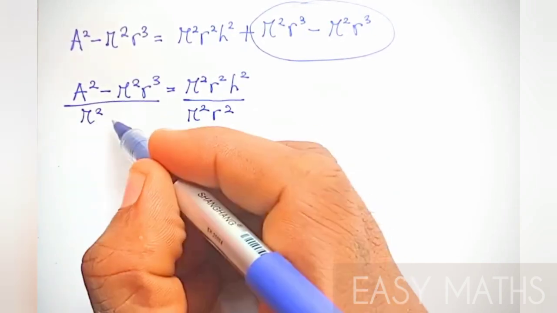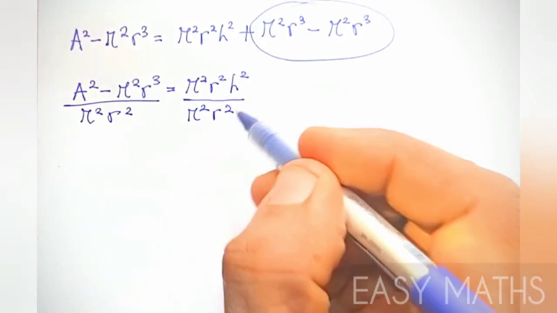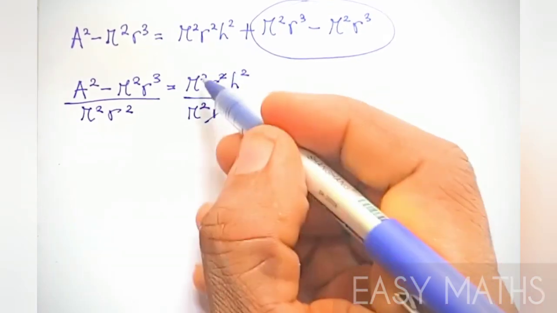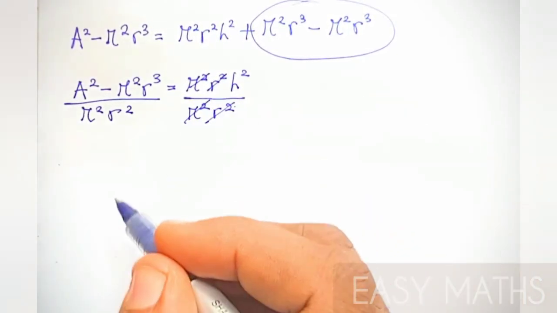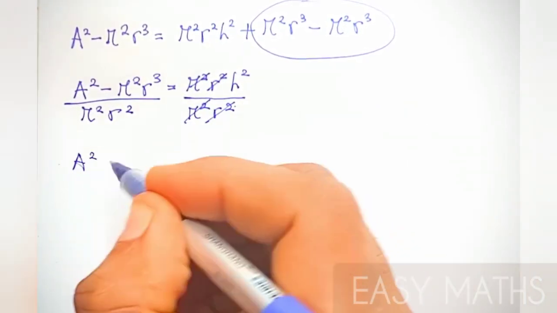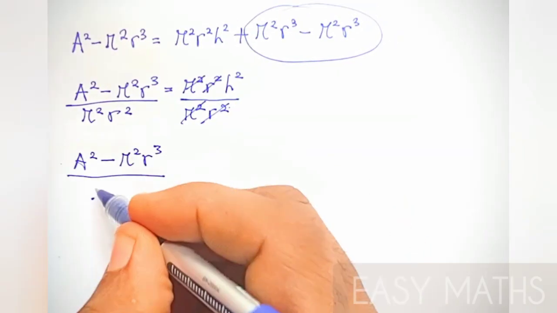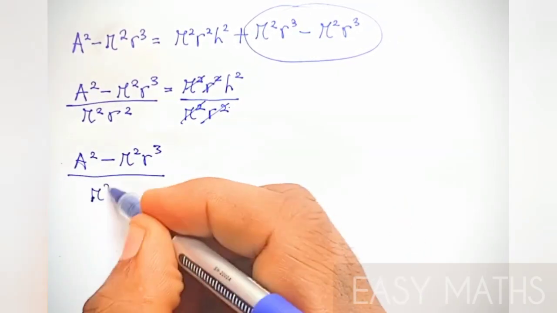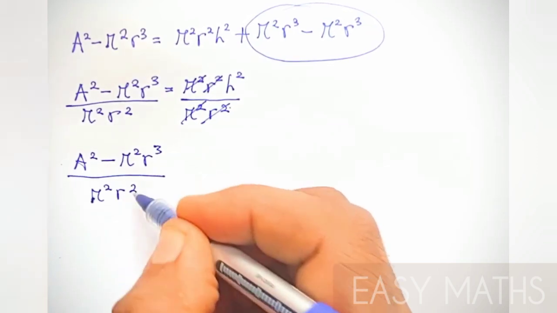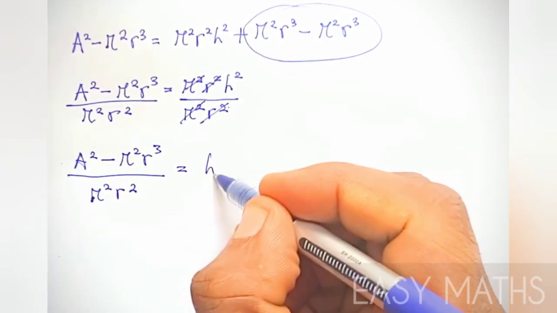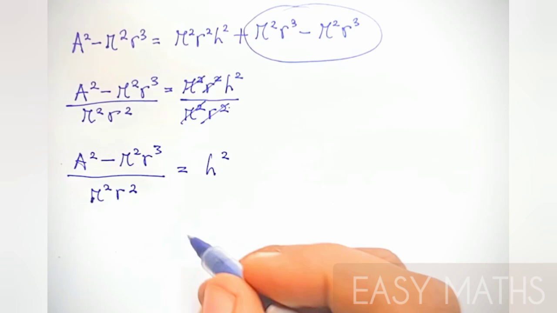This will cancel this, and this will cancel this, and we have a squared minus pi squared r cubed all over pi squared r squared equals h squared.